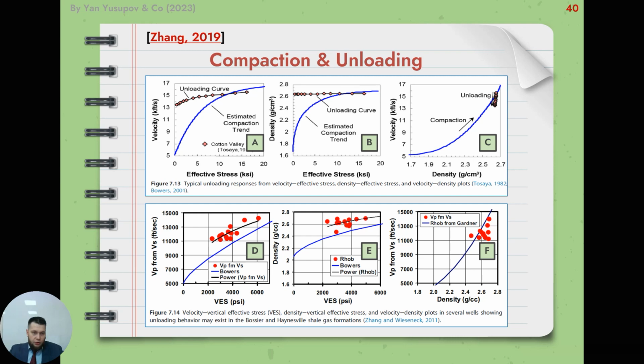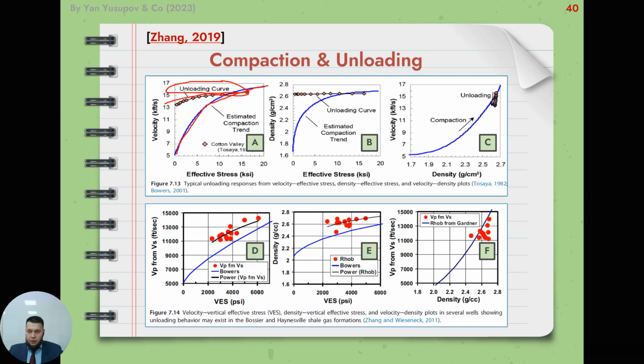this blue curve is a compaction curve, on the chart with effective stress and velocity on Y. Then this curve, the unloading curve, we see the difference between these curves.